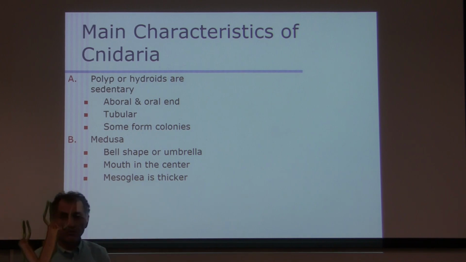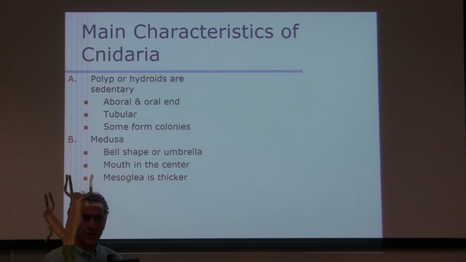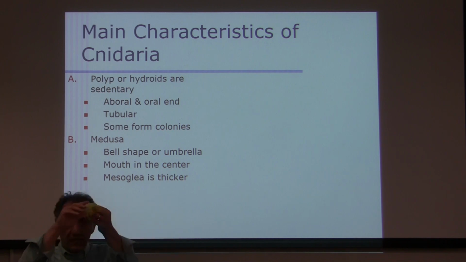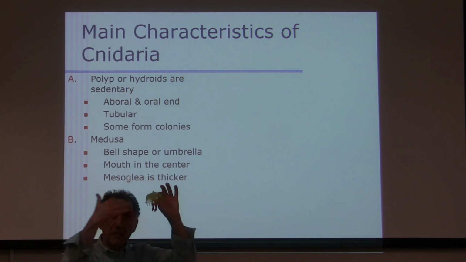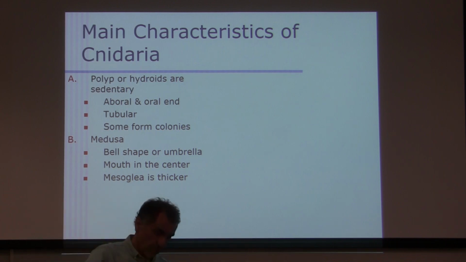You saw mesoglea in the same terminology in sponges as well. You saw that mesoglea, mesenchyme, and all of that. Here I cannot show it to you, but you see it in the picture that the mesoglial layer in the medusa stage is thicker. I hope I'm making some sense.